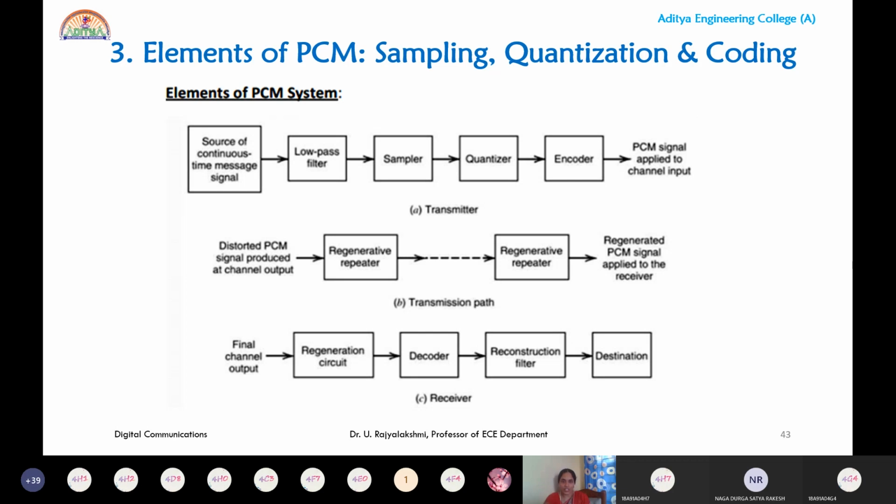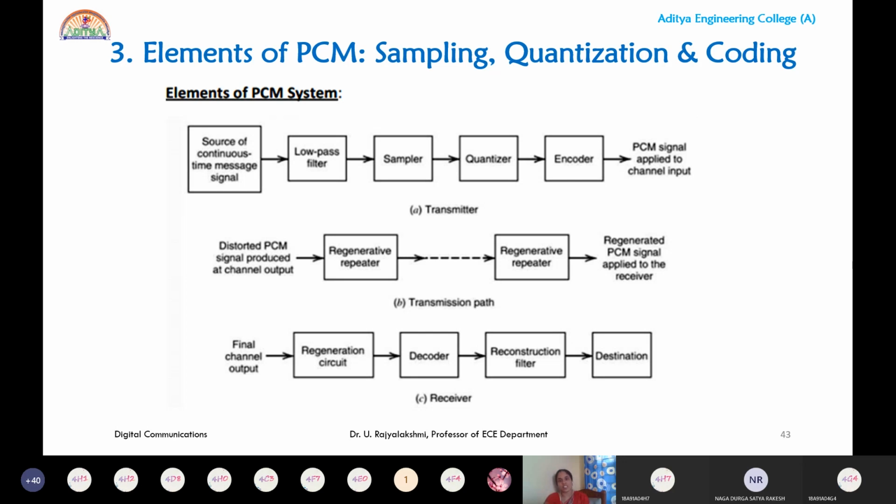And one more thing, చూడండి, we have 3 blocks here. The first top one is the transmitter section of PCM, the second row is the channel, and the third row is the receiving section. PCM transmitter, channel, PCM receiver. In the channel you can observe multiple regenerative repeaters.